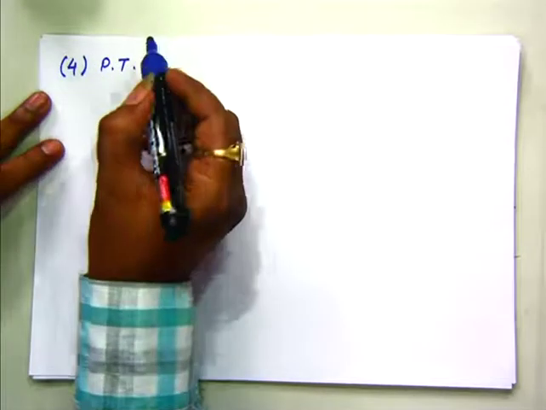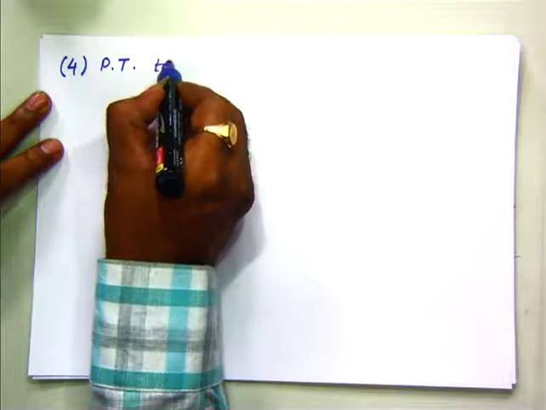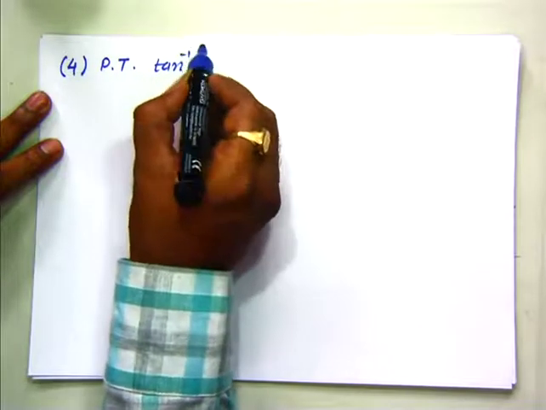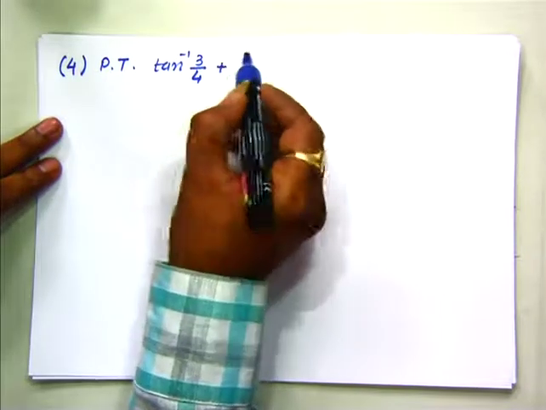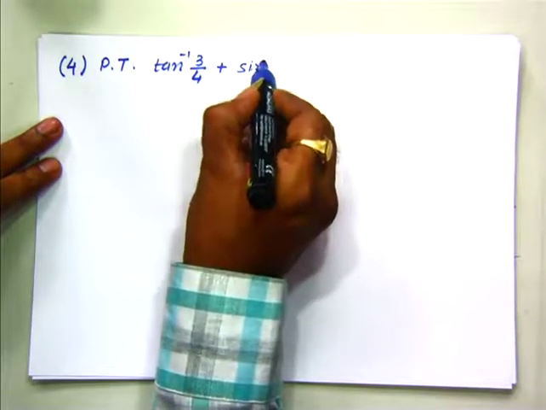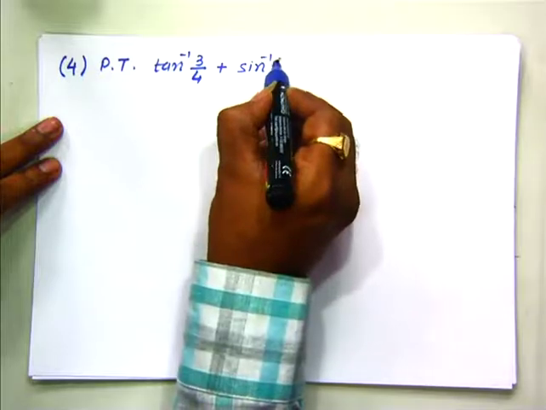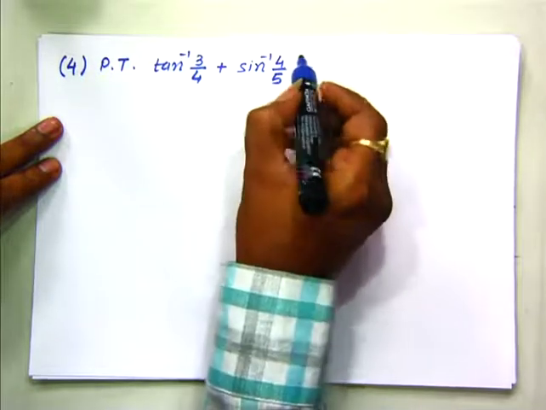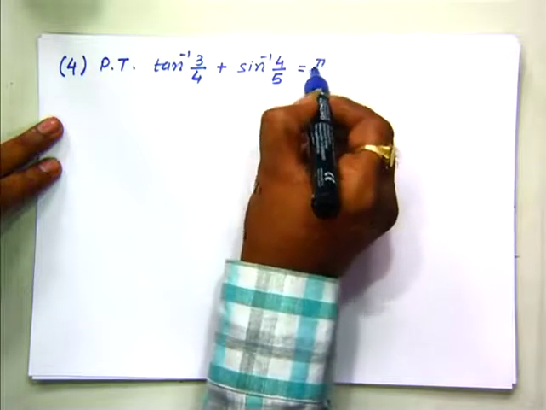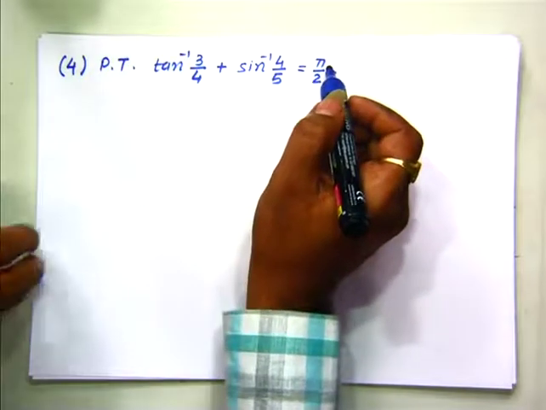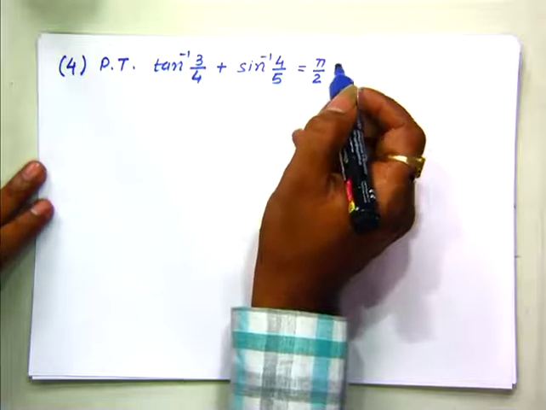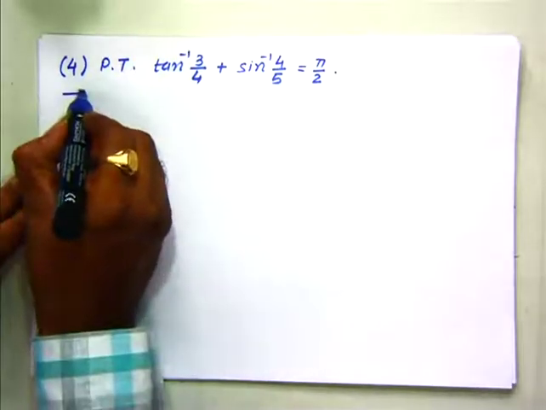Prove that tan inverse 3 by 4 plus sine inverse 4 by 5 equal to pi by 2. We want to prove this. Okay, so let's try to prove this.